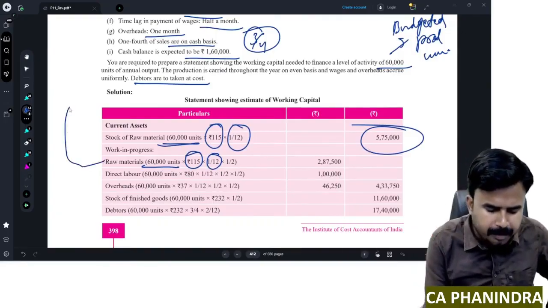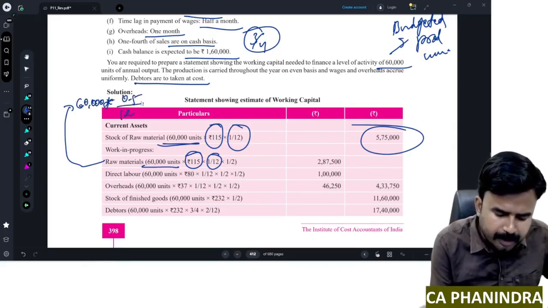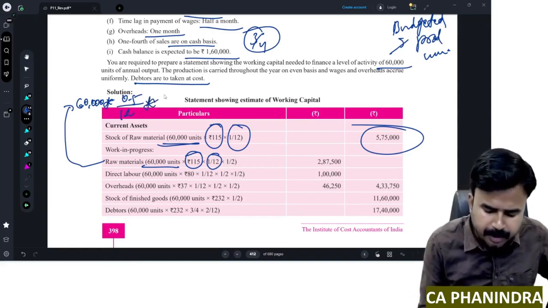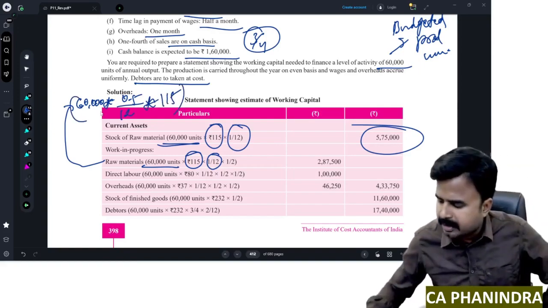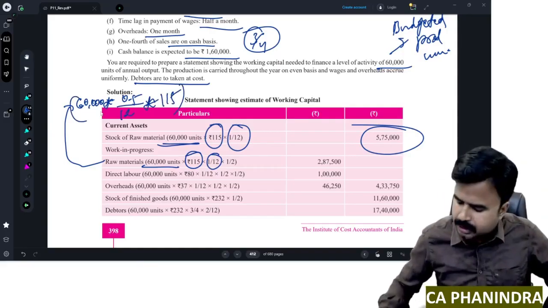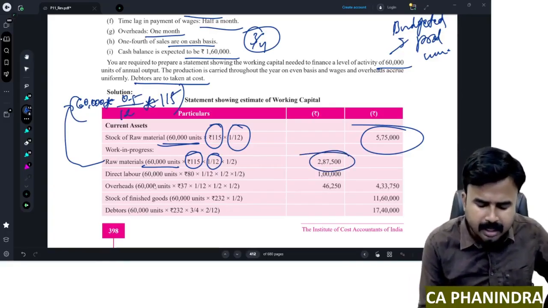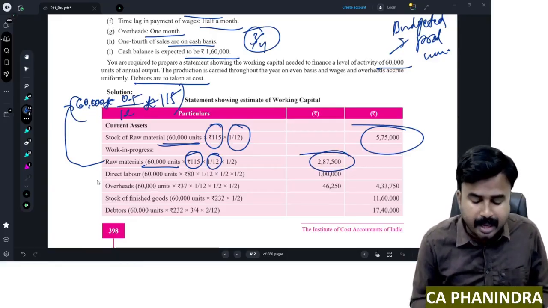The raw material cost component included in work in progress is 60,000 units into 0.5 by 12, because that is a half month period, into raw material cost per unit 115. I got 2,87,500.